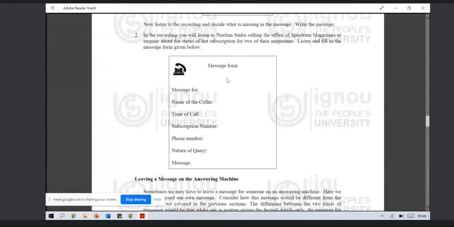However, you can leave a message so that I can convey it. And this is how you can make a form. You can prepare a format: message for whom, name of the caller, time of call, subscription number, phone number, nature of query, and a message.